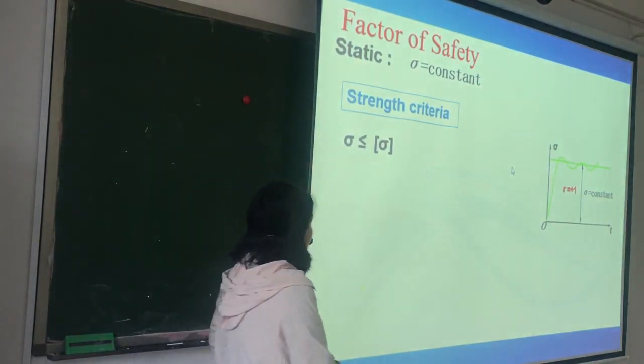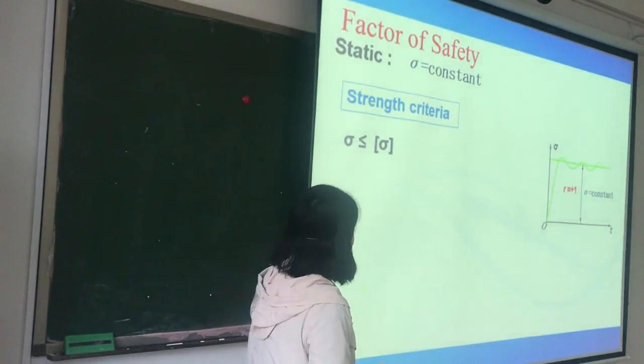And also we have the load stress criteria.